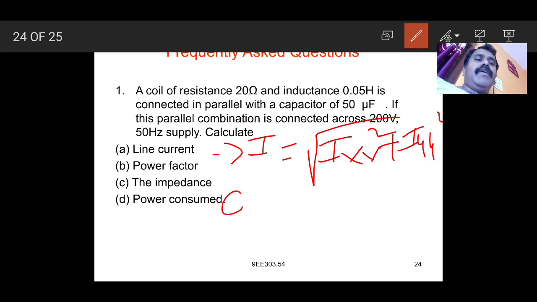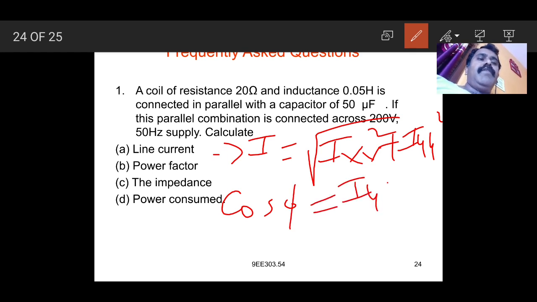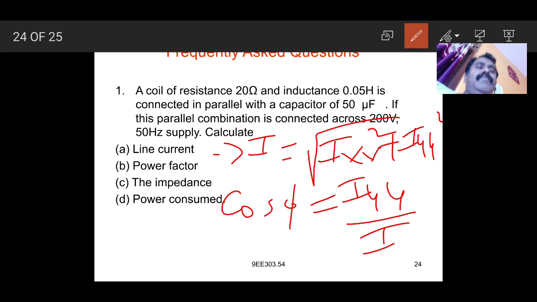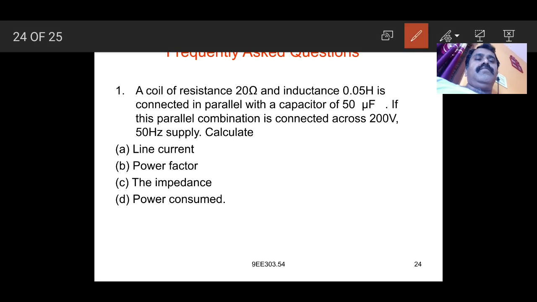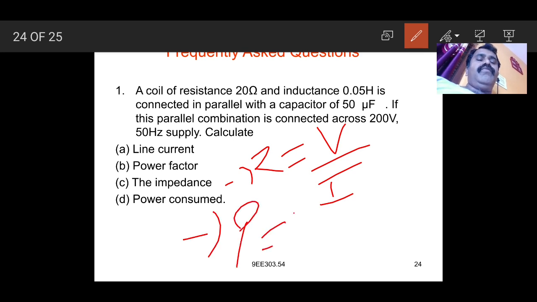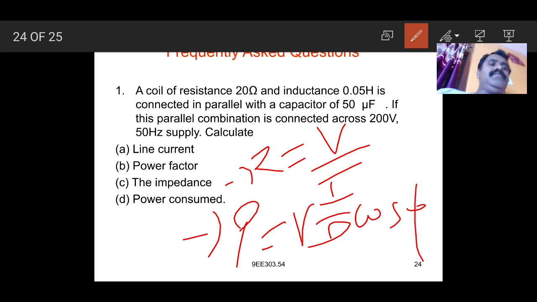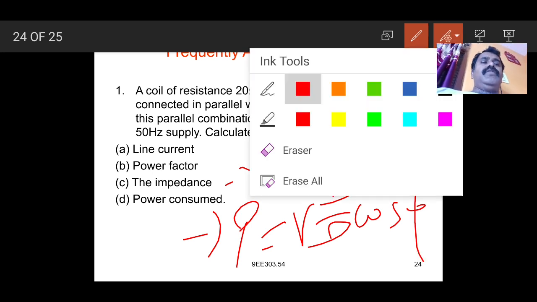Then power factor we can find, cos phi is equal to Ixx by I, and impedance we can calculate, Z is equal to V by I. Power consumed we can find, P is equal to VI cos phi. So in this way we can find the values.